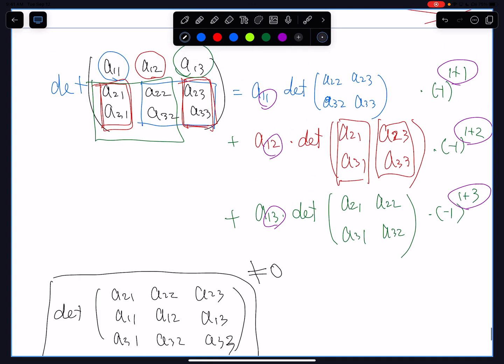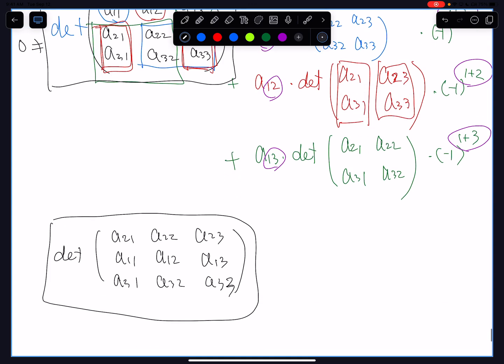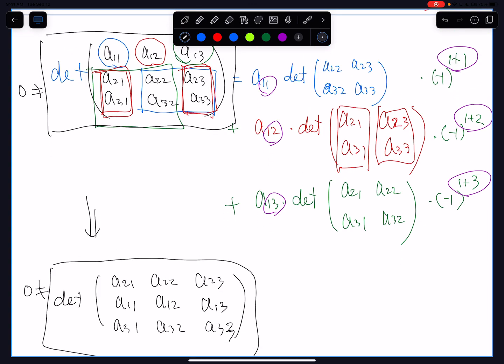So if the original determinant is non-zero, does it mean that this determinant is non-zero too? What do you think? This one, I just swapped the first row and the second row. So if this is non-zero, is this going to be non-zero?